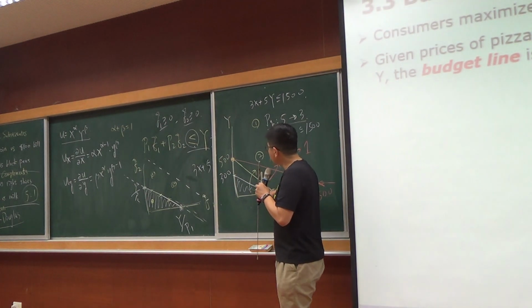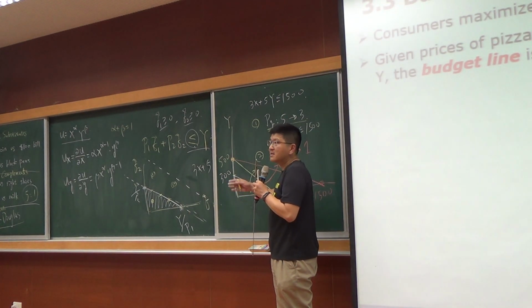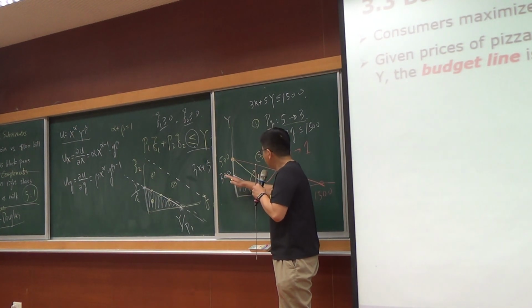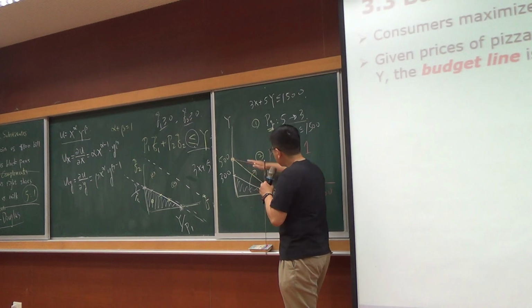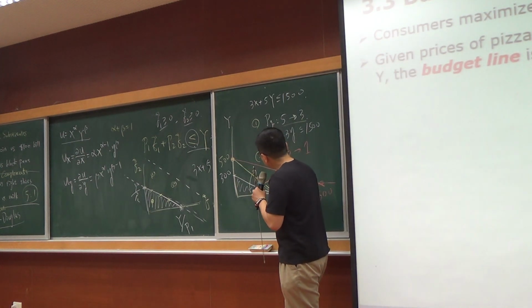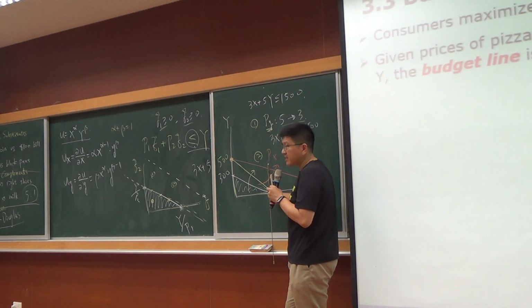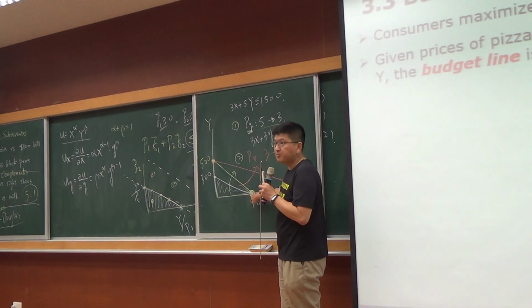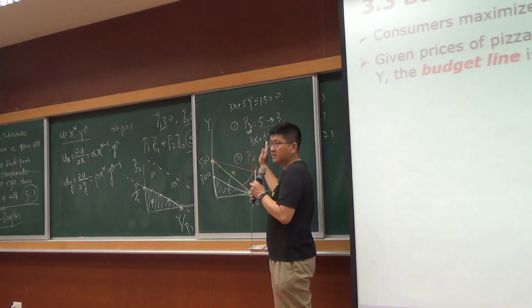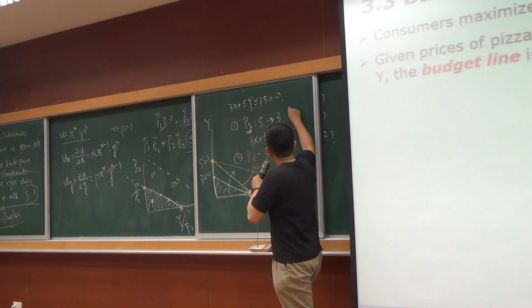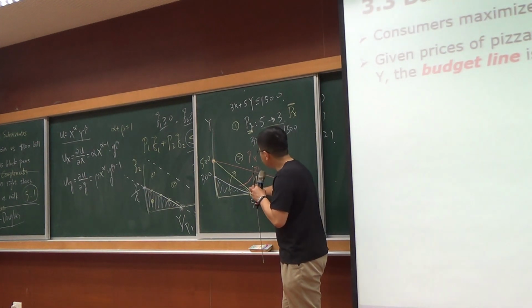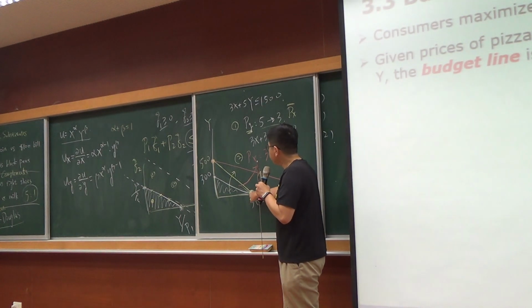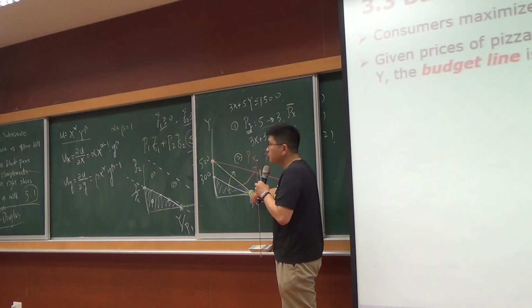So when only event 1 occurs, the change would be a rotation outward, and event 2 is another rotation. The reason why in the first case we use this as a pivot point to rotate is because Px doesn't change, and the maximum amount of X you may purchase will be the same.